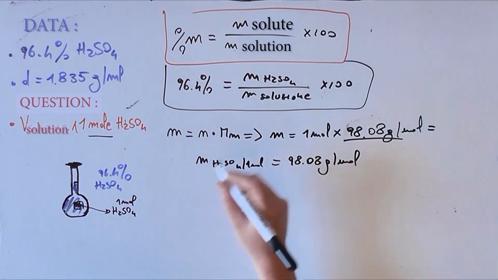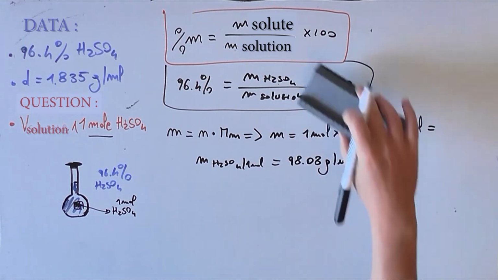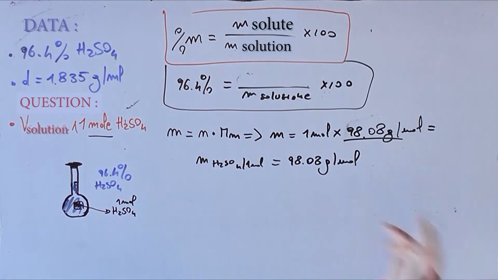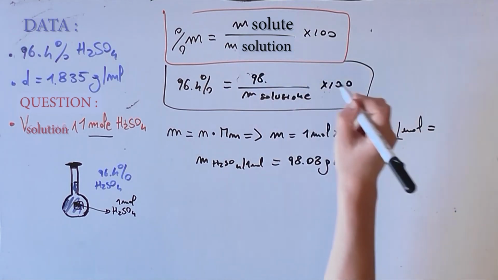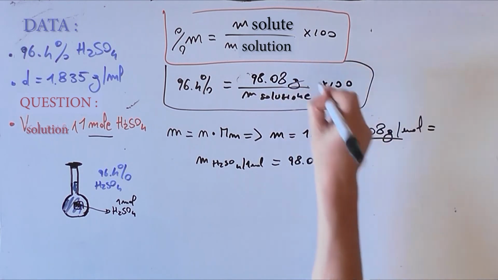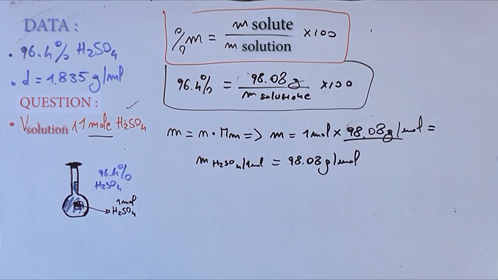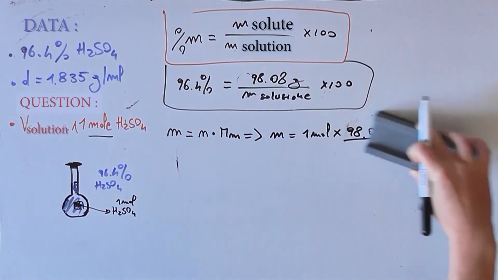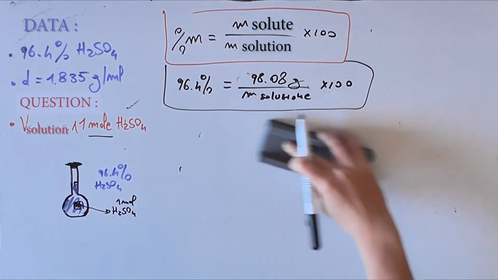So now I can put this mass inside my formula here, and we can write it directly here. So it's 98.08 grams, and so now I can calculate the mass of solution.